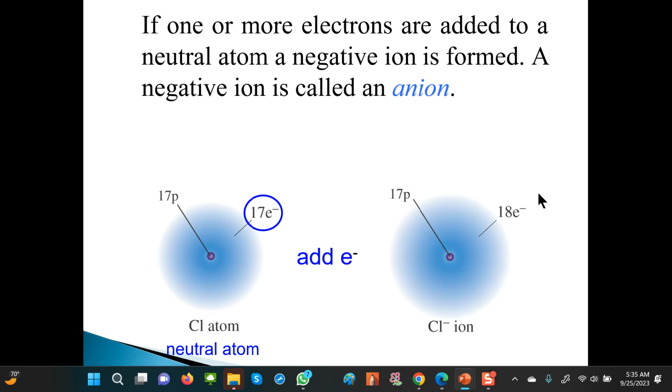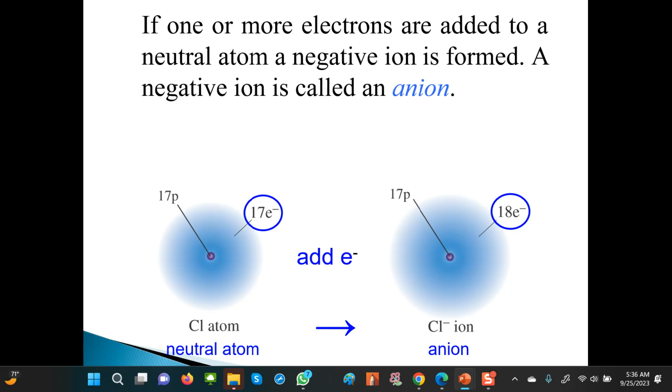Therefore, because you have one more electron compared to the number of protons, the overall charge on the resulting structure will be negative. So we end up with what is known as the chloride ion. This is our anion in this particular case. That's basically what happens in the formation of an anion from an atom: you add electrons to the atom and you end up with your negatively charged species.